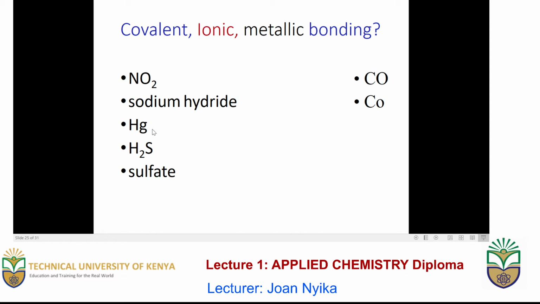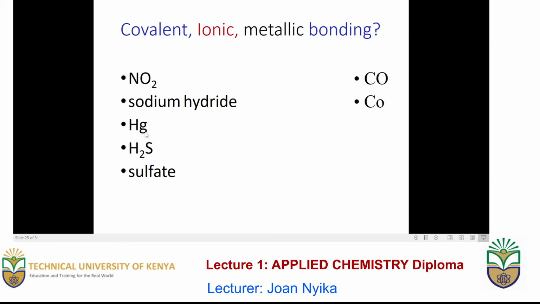In the case of sodium hydride, it is a result of a metallic bond because sodium is a metal and hydrogen is a cation that shares one electron. Therefore, both of them have a cationic state, therefore metallic bonds.